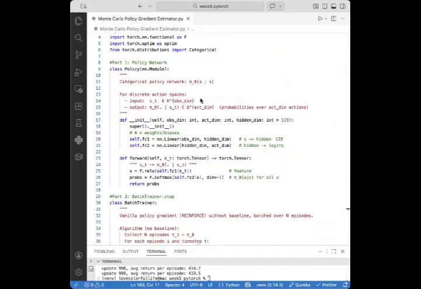So this is the policy pi of action a given state s. Theta is just the weights and the biases of these two layers. FC1 maps the state, obs_dim, to 128. FC2 maps to act_dim. For CartPole, that's 4 inputs, 2 outputs, left or right.